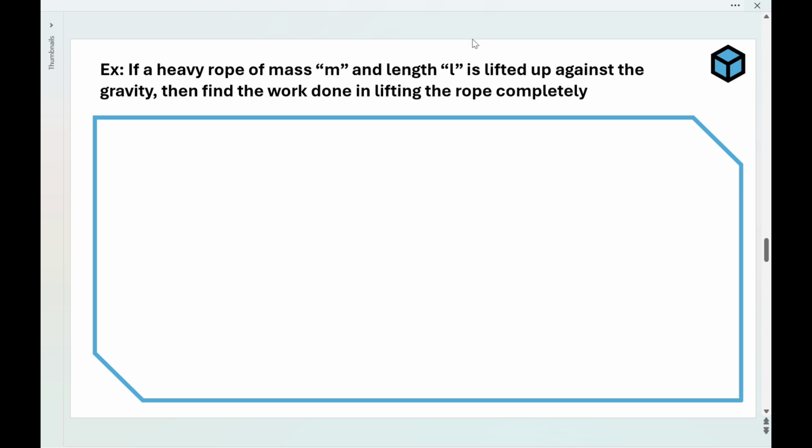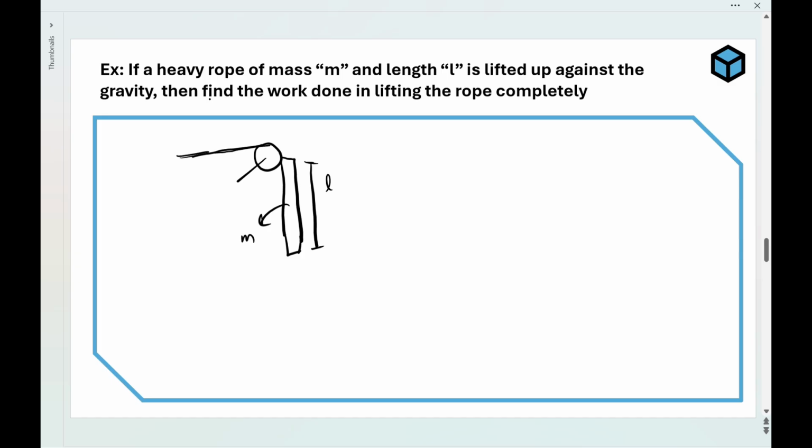If a heavy rope of mass m and length L is lifted against the force of gravity, then find the work done in lifting the rope completely. Here, a heavy rope, this is not a string, it's a rope. Let's say we have a pulley over here and there is a long and heavy rope of some length L and mass M. We are lifting the rope on a horizontal surface.